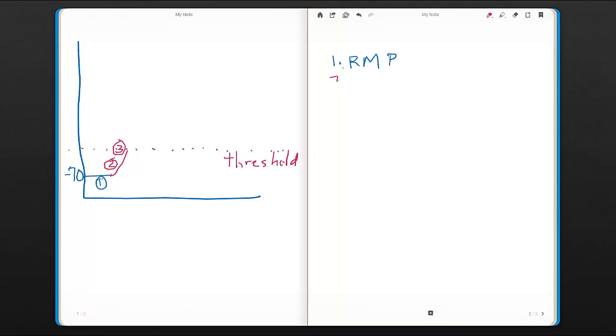All right, so step 2 is going to be sodium stimulus channels open. All right, and then step 3 is the threshold.